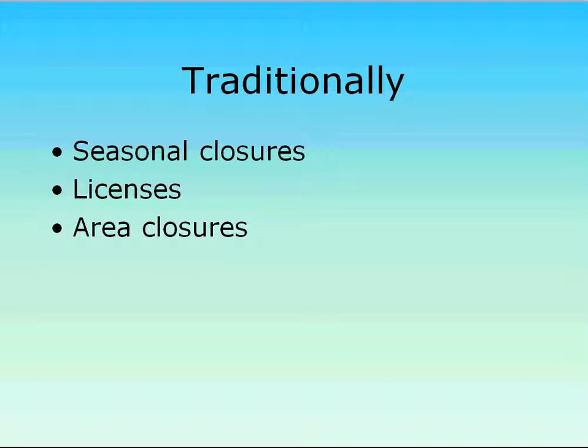Area closures. All right, so these are marine reserves and other areas that you may want to protect a spawning stock, or just to have a reserve of fish that can breed and produce other babies that flow out of that area. Or you might have gear restrictions, and these are the most common ways of restricting how much effort goes into a fishery.